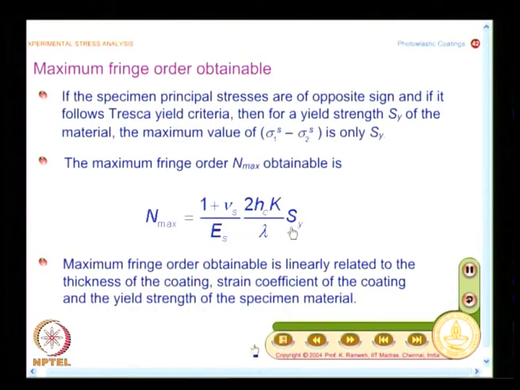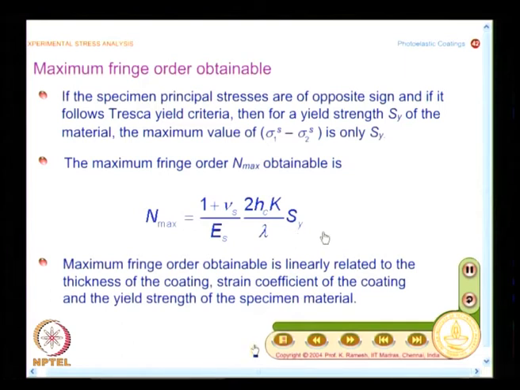So, I have this expression n max equal to (1 plus nu s) divided by E s into 2 h c into k, that is a strain coefficient of the coating material, and you have the wavelength dependence, and you have this as Sy as the yield strength of the specimen material.